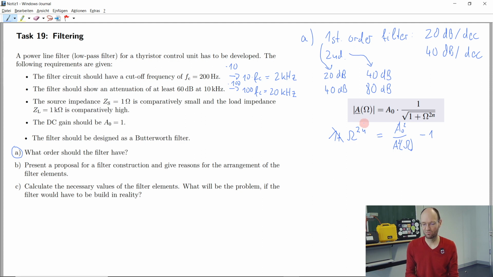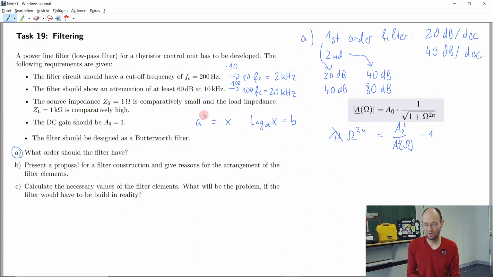Yeah, with some logarithm function. Because if a to the b equals x, then the logarithm of x to this base a equals b, right? So this should be correct.